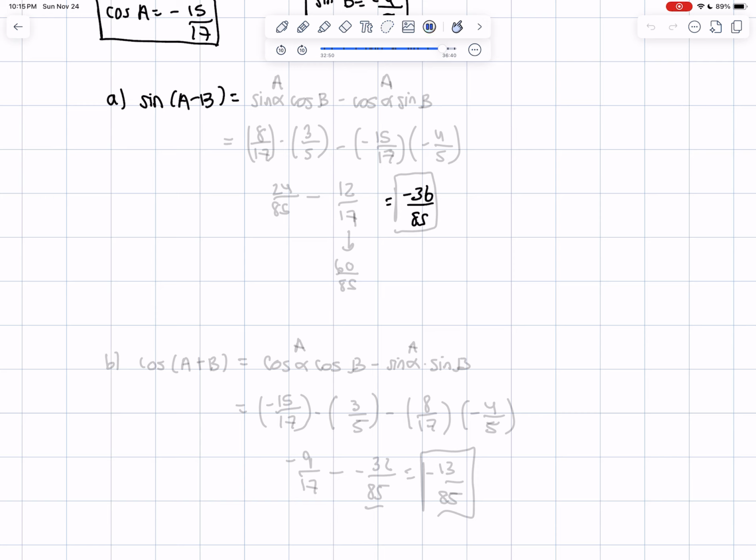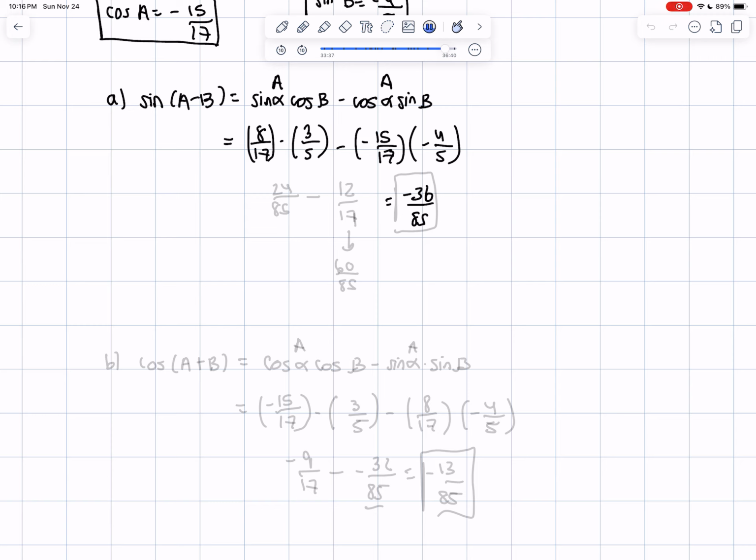So sine A minus B is sine alpha cosine beta minus cosine alpha times sine beta, or you can write this as A, B, A, B. So my sine A was given to us, so that's 8 over 17, times cosine B. Cosine B was given to us, 3 over 5, minus cosine A is negative 15 over 17, and sine B is negative 4 over 5.